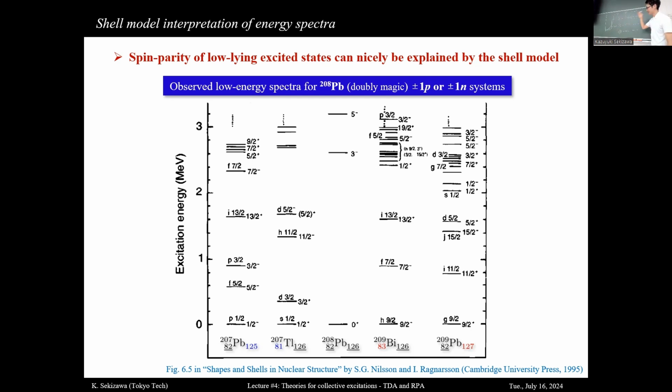And on top of that, what Mayer and Jensen introduced was the strong spin-orbit coupling, the LS spin-orbit interaction.